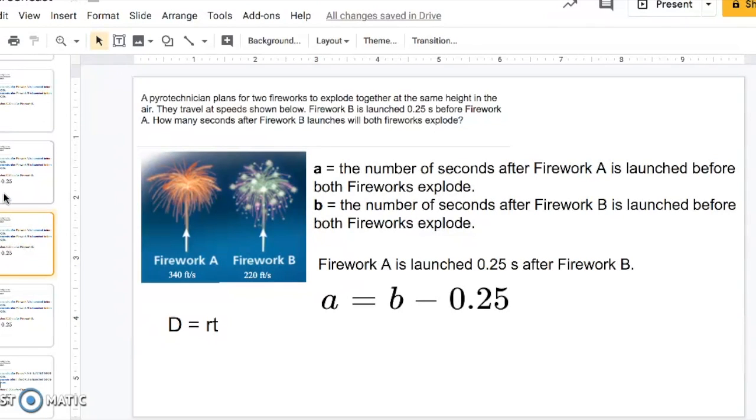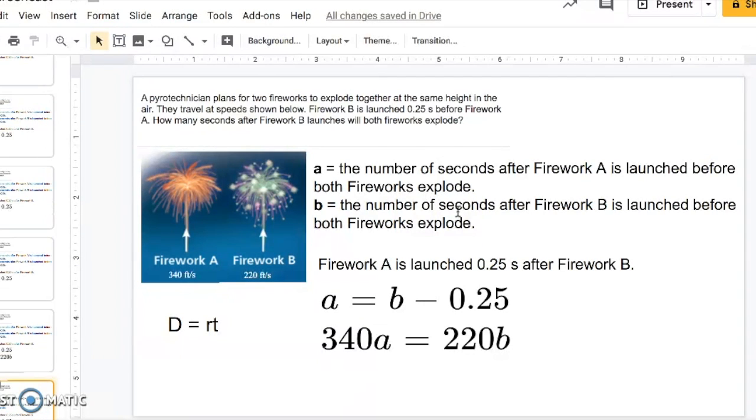Now for firework A, the rate or the speed is going to be 340 feet per second. Our time, we don't know, it's A, so we can have 340 times A to give you the distance, or the height of the firework for firework A. Same for B, 220B. 220 is the rate or the speed for firework B, and the letter B represents the time, the number of seconds when they both explode. We want these to be the same because we need to figure out when they both will explode at the same time, so we set them equal to each other.